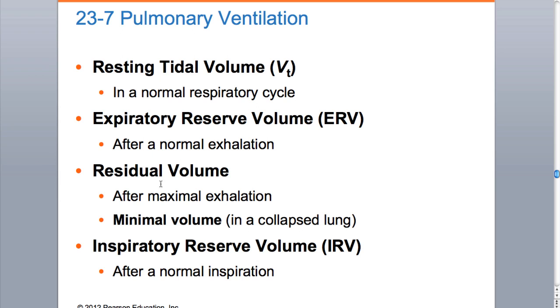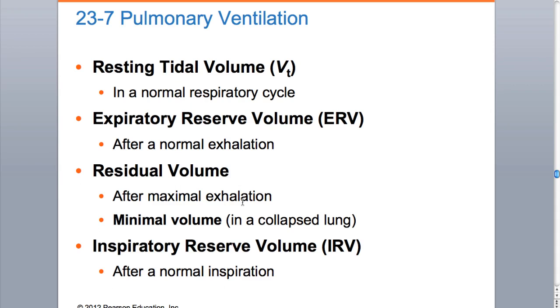Okay. Now, the one I want to stress is this one, residual volume. Residual volume is the air that's left in your lungs, which I call stale air. It's the air left in your lungs after you have squeezed all that you can out of it. Look what it says, after maximal exhalation.